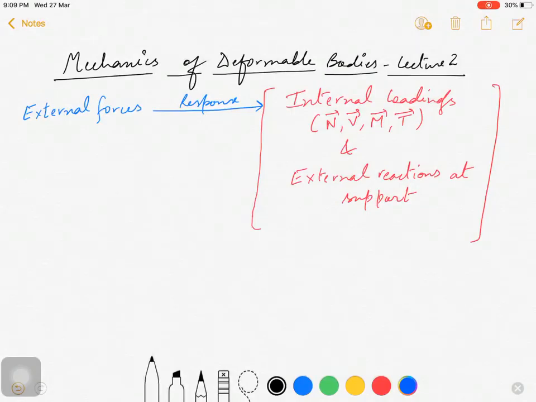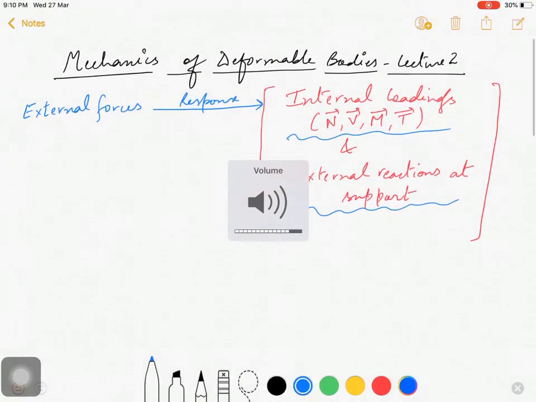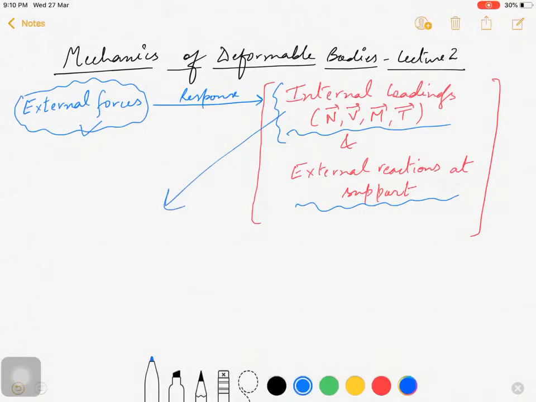In the earlier lecture we studied that internal loadings and external reactions at supports are produced in a body if we apply external forces to it. Due to these internal loadings, which are produced by external forces, some stresses are developed inside our body.